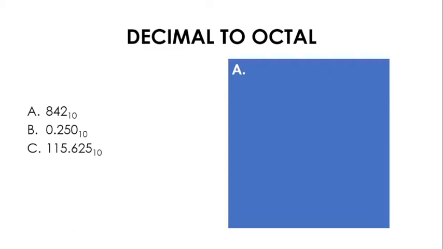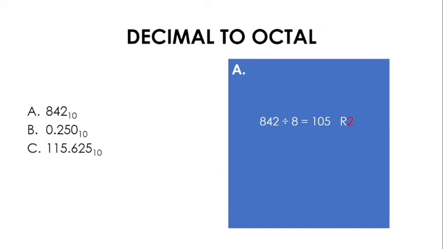For the next topic, we'll be converting decimal numbers to octal. The process is pretty much the same, but the only difference is that we'll be using the base of the octal number system, which is 8. So for the first example, 842, we'll be dividing it by 8.